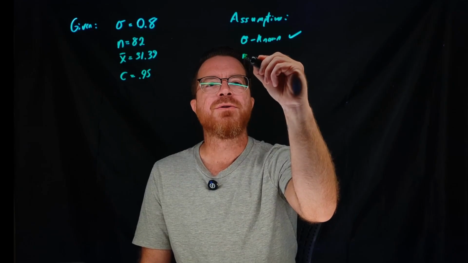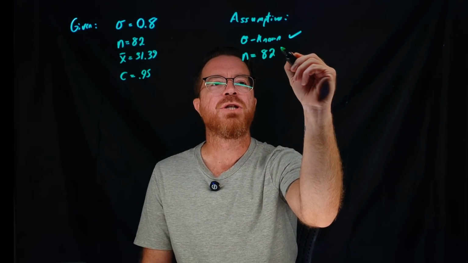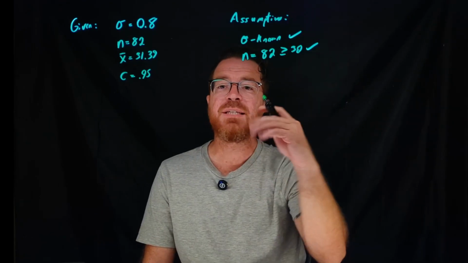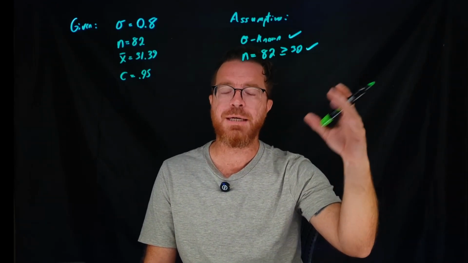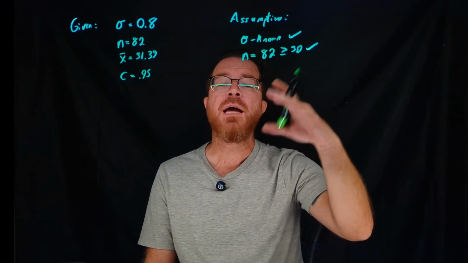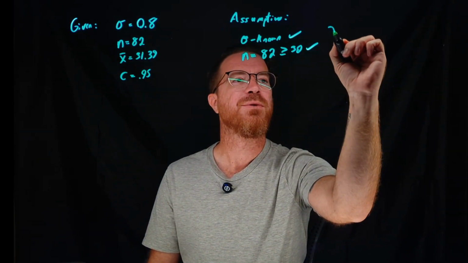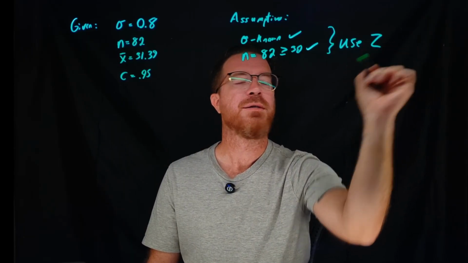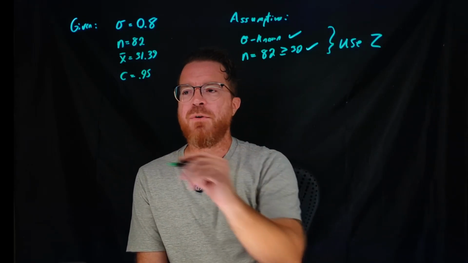But we're also going to check our other assumption, which is n equal to 82, which is greater than or equal to 30. If sigma is known, we can use standard normal z. If n is greater than or equal to 30, we can use standard normal z, or if both are true. So in this case, we are going to be using the z distribution.